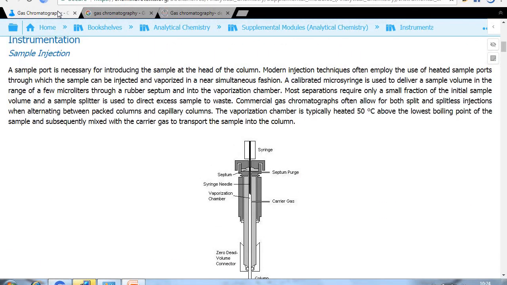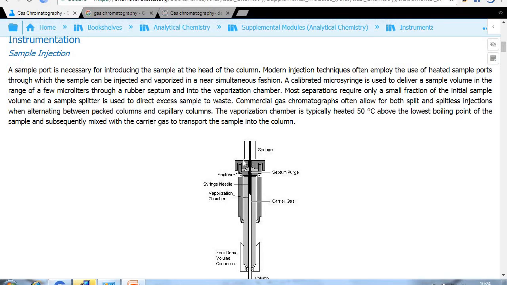Here the sample injection is carried out at the sample port. As I told you before, the injection and vaporization of the sample happen here simultaneously. The vaporization chamber is held at a temperature 50 degrees Celsius more than the boiling point of the sample, because whichever sample you have taken has to be vaporized.